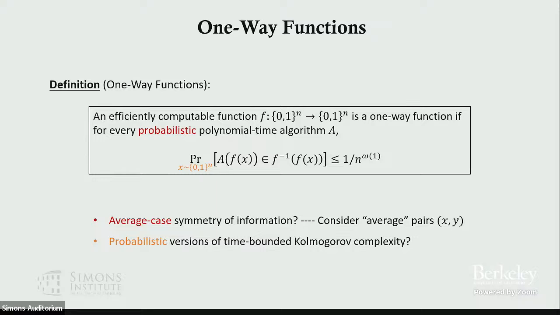And also maybe we should consider some probabilistic version of time-bounded Kolmogorov complexity, to reflect the fact that in the definition of one-way function, even trying to recover a pre-image using a probabilistic algorithm is not possible.